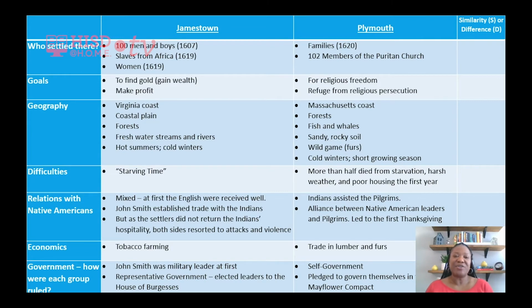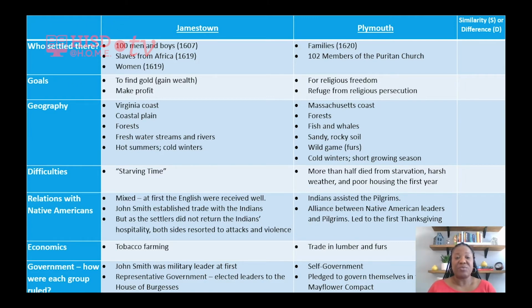So let's take a look at this chart together. You will notice that at the top, there are 2 categories, Jamestown and Plymouth. So we have the 2 cities listed. On the left side, we have different categories that tell us what was going on in each of the settlements. So we know who settled there.